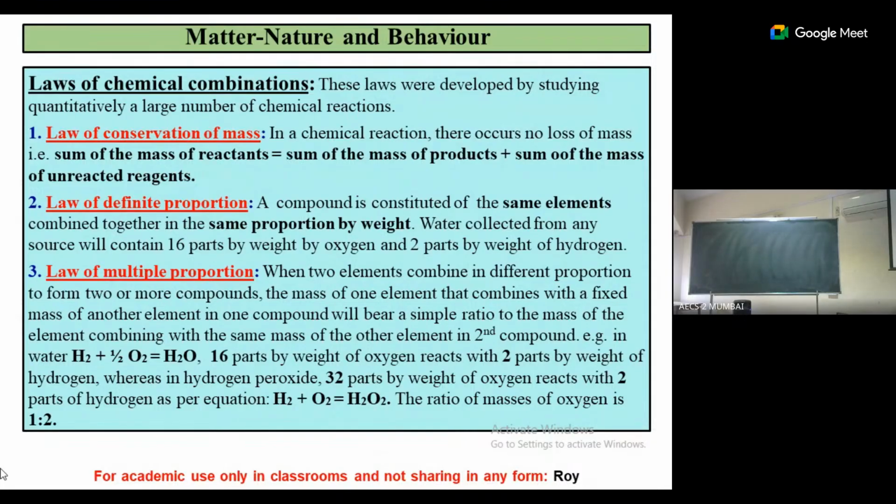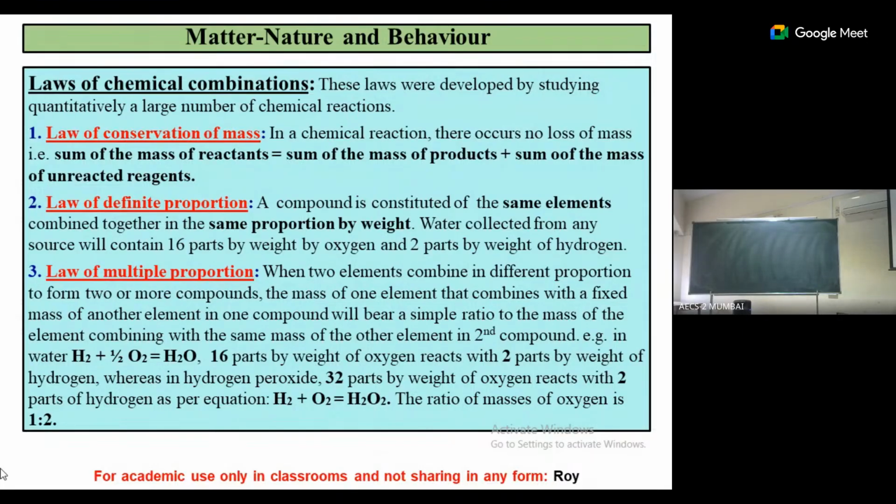What does that mean? Here also you see in water 16 parts of oxygen react with 2 parts of hydrogen by weight. In H2O2, 32 parts by weight of oxygen react with 2 parts by weight of hydrogen. So in both the cases, 2 parts by weight of hydrogen react with either 16 parts by weight of oxygen or 32 parts by weight of oxygen.